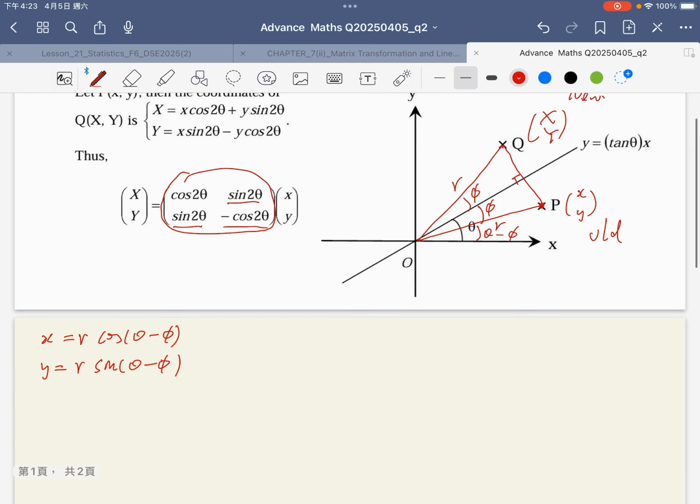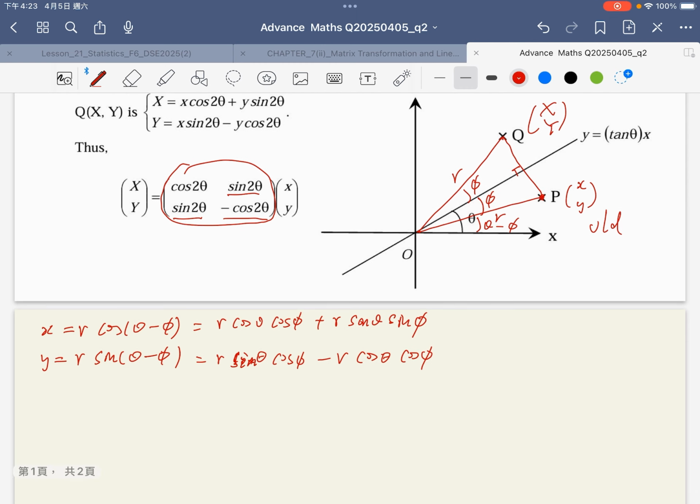Expand this: r cosine theta cosine phi plus r sine theta sine phi, and r sine theta cosine phi minus r cosine theta sine phi.